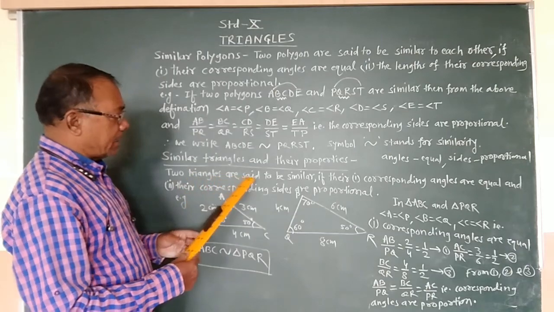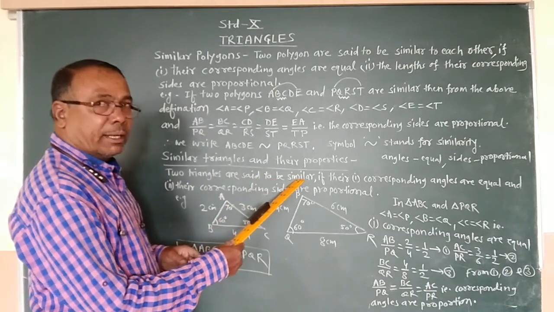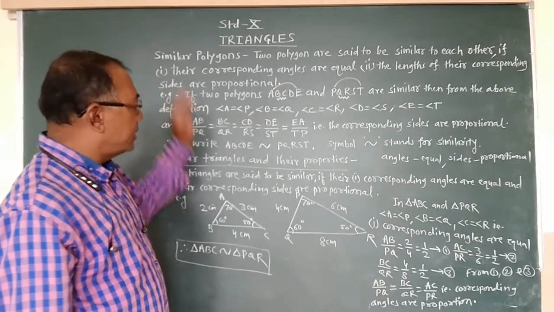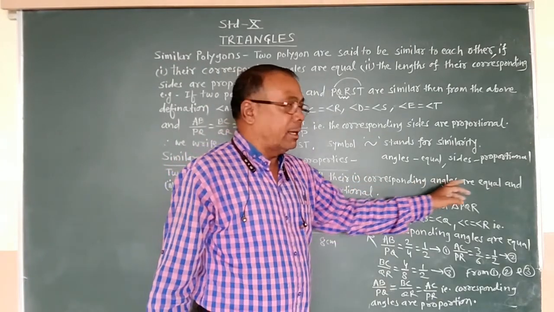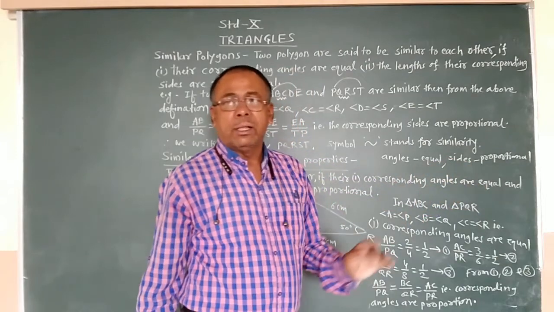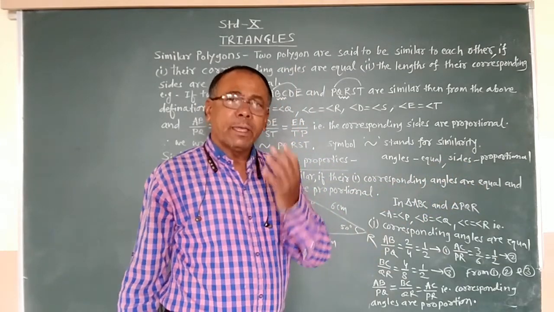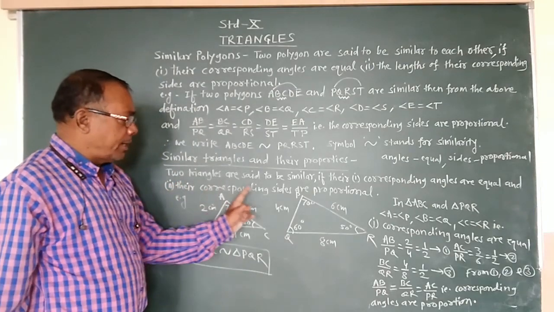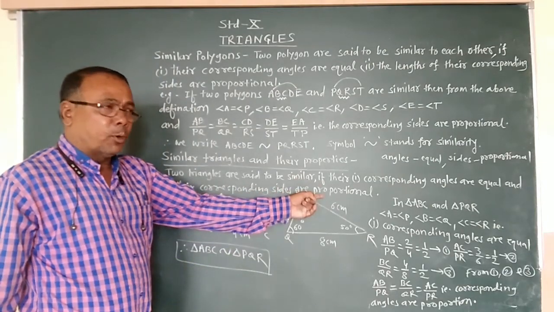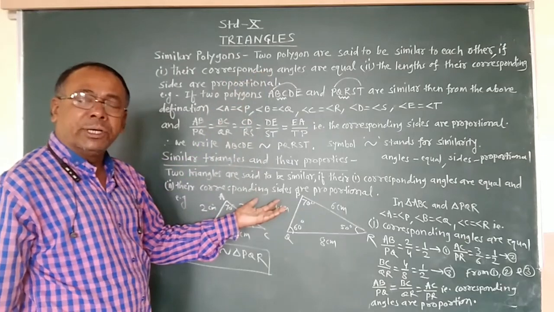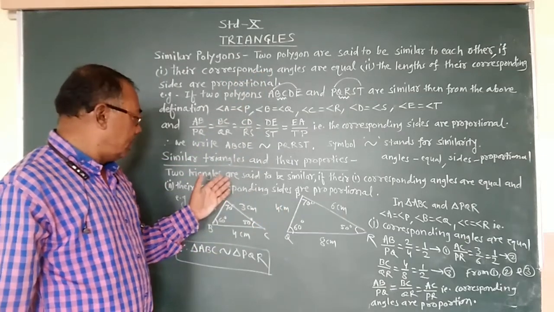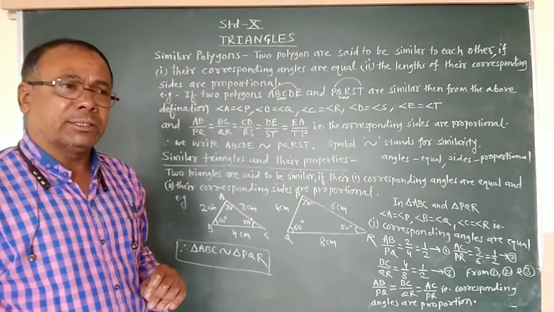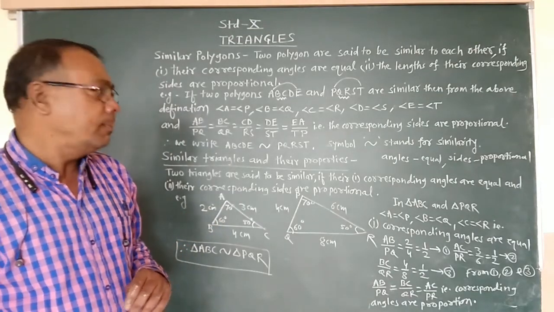Two triangles are said to be similar if, first, corresponding angles are equal, and second, their corresponding sides are proportional. Same conditions are here. If these two conditions are satisfied, then the two triangles will be similar to each other.